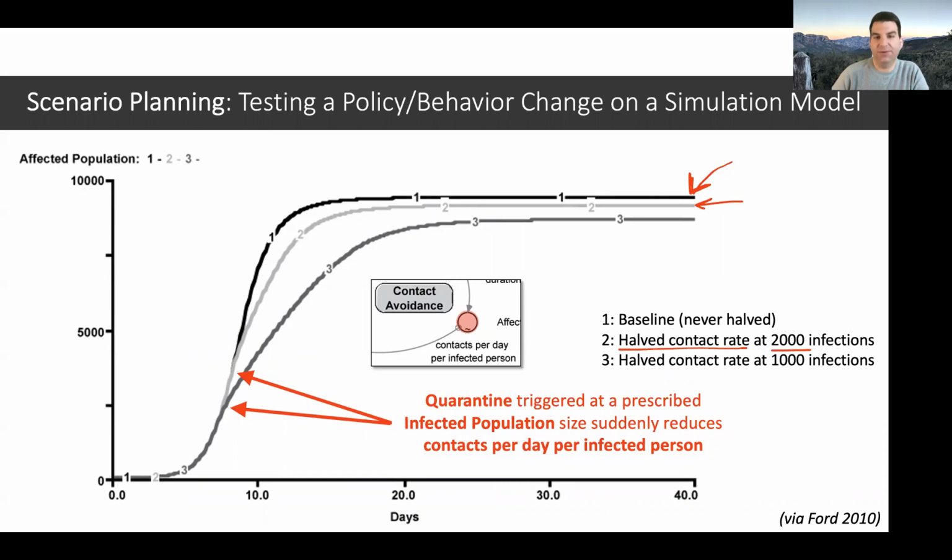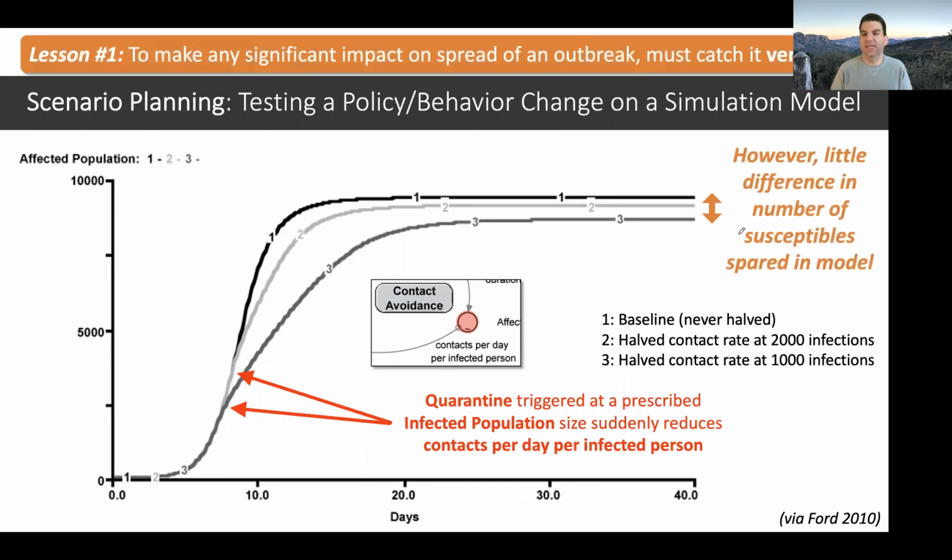And when they have the contact rate at 1,000 infections, then you get this number of affected individuals. And what I'm trying to show here is that for all 3 of these policies, do nothing, have the contact rate at 2,000 or have the contact rate at 1,000 infections, there's not a whole lot of difference.